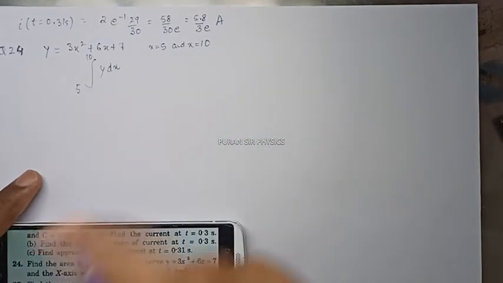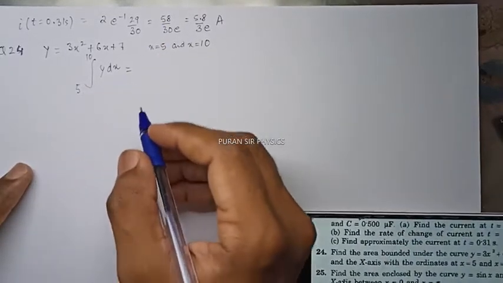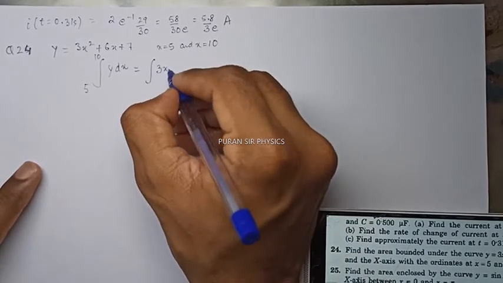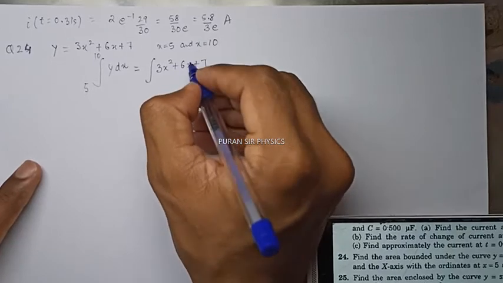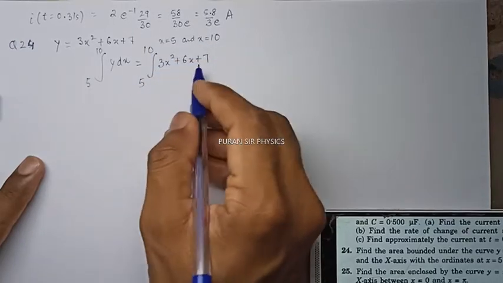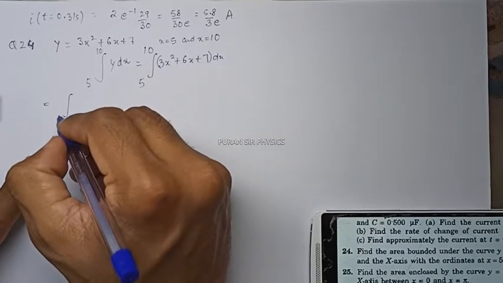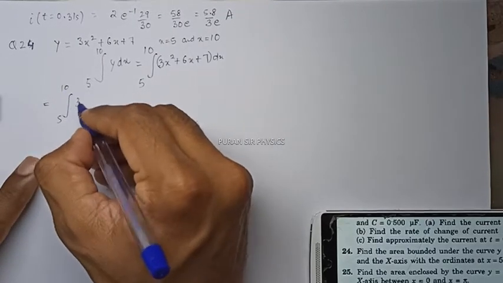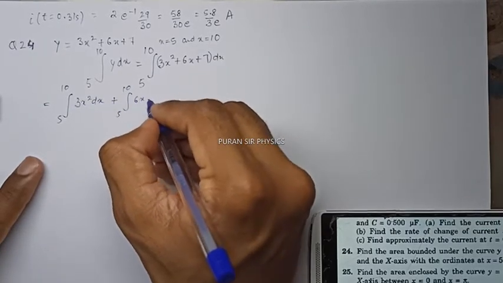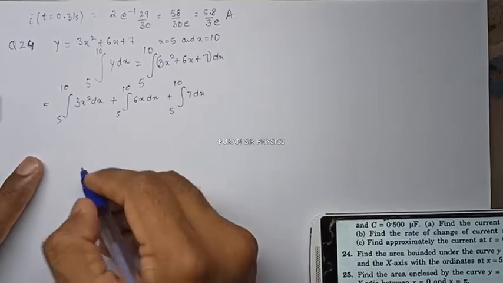Okay, so it can be written as integral of 3x square plus 6x plus 7, and the lower limit is 5 and the upper limit is 10. So it can be written as integral from 5 to 10 of 3x square dx plus integral from 5 to 10 of 6x dx plus integral of 7 dx from 5 to 10.